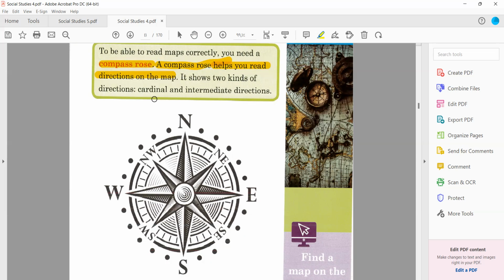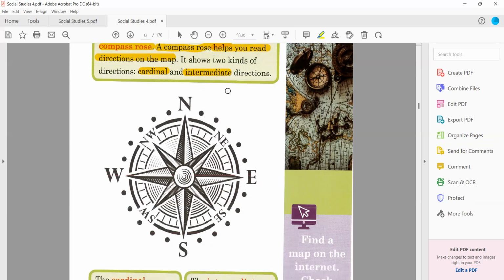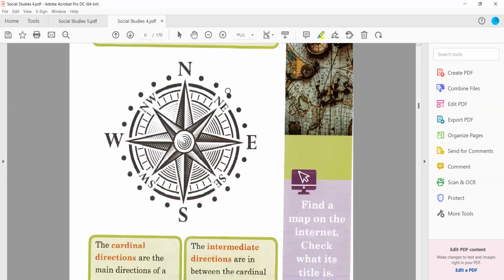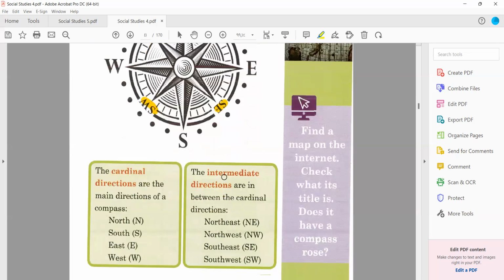It shows two kinds of direction. Number one, cardinal. Number two, intermediate. These directions are set on the compass. You can look at the picture. We have the north, the south, the west, and the east. And the northeast, the northwest, the southwest, southeast. These are all the directions of the compass.